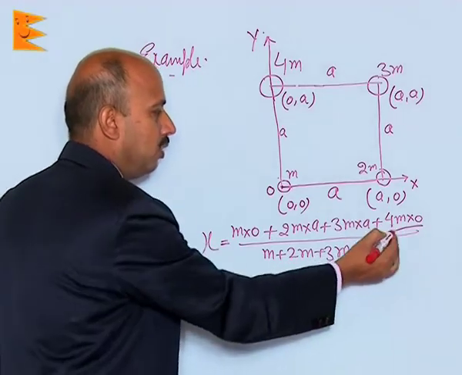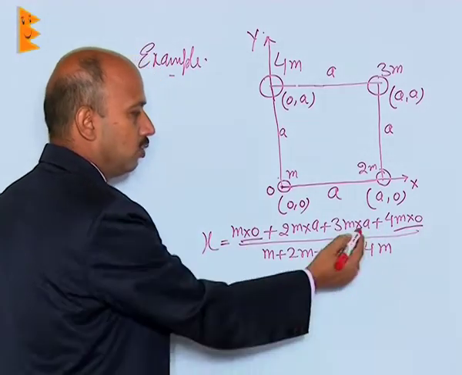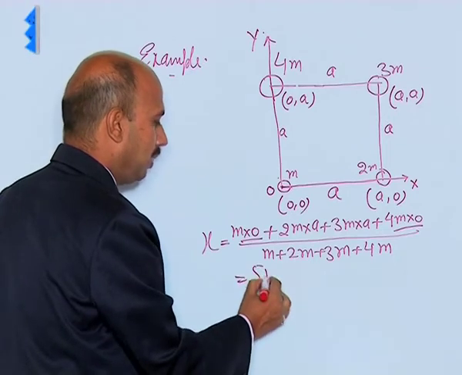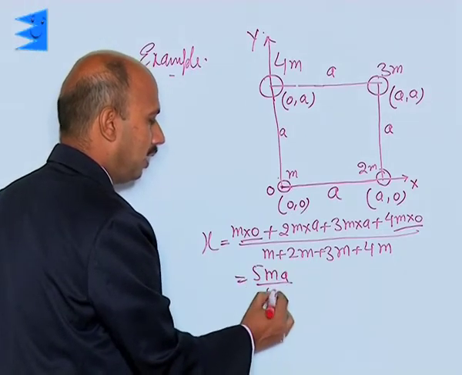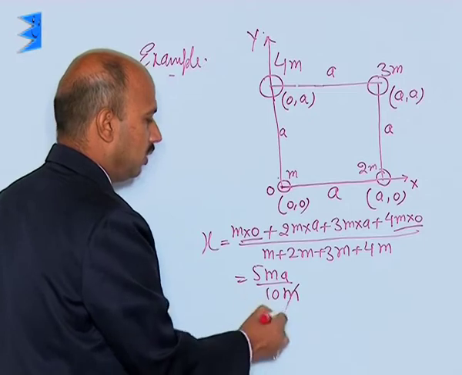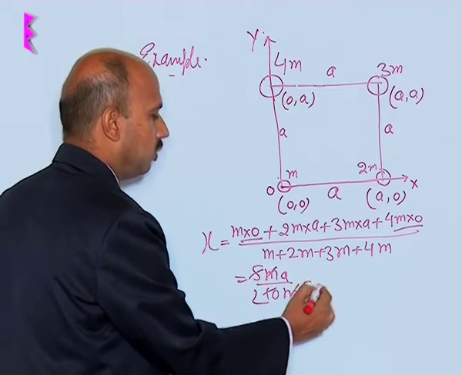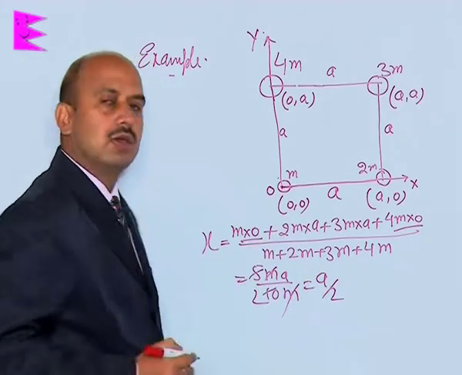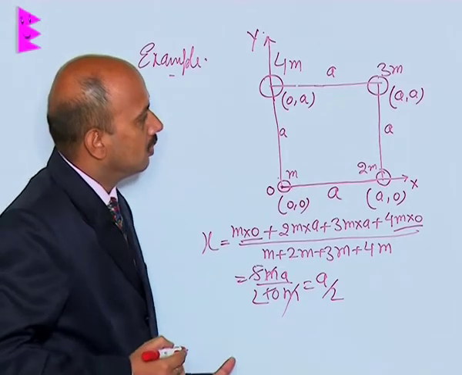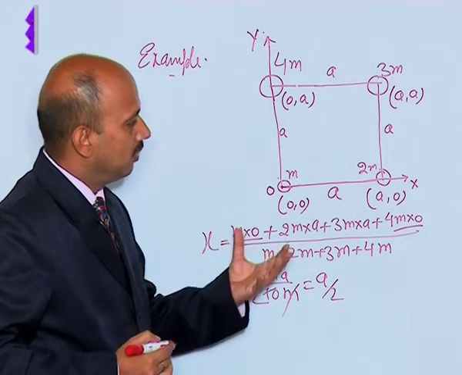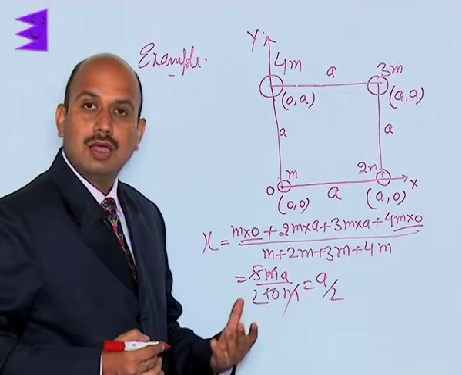The zero terms vanish, so 2a plus 3a gives 5ma divided by 10m. The m cancels, so that is a by 2. So, the x coordinate of the center of mass of this system is a by 2.